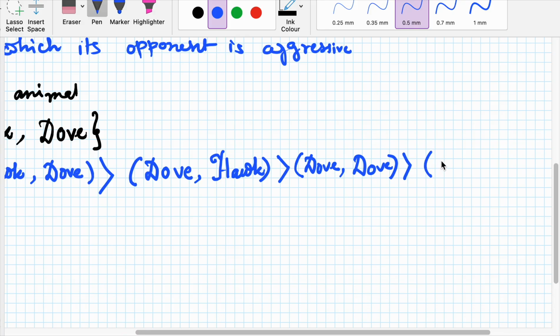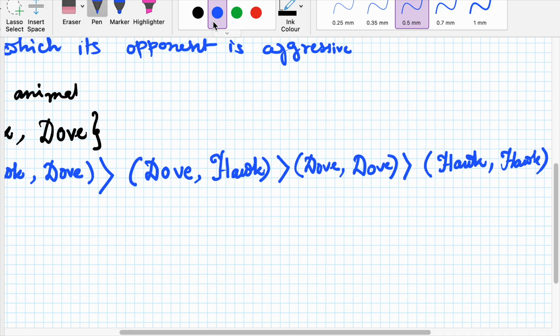But with hawk-hawk, they are not successful in mating, and they injure each other because of the serious conflict. They may injure each other very seriously. So that is the least preferred.